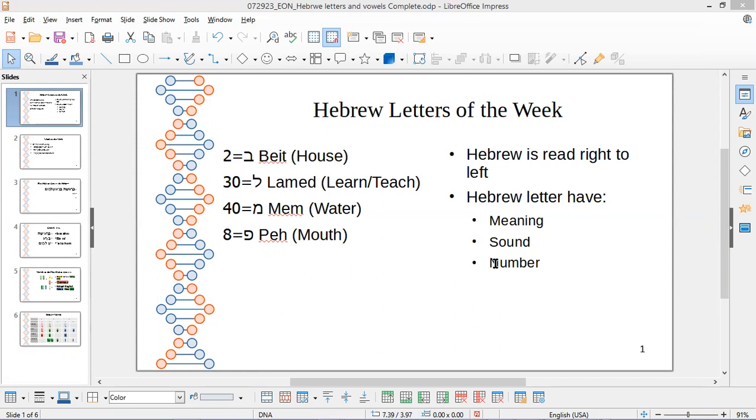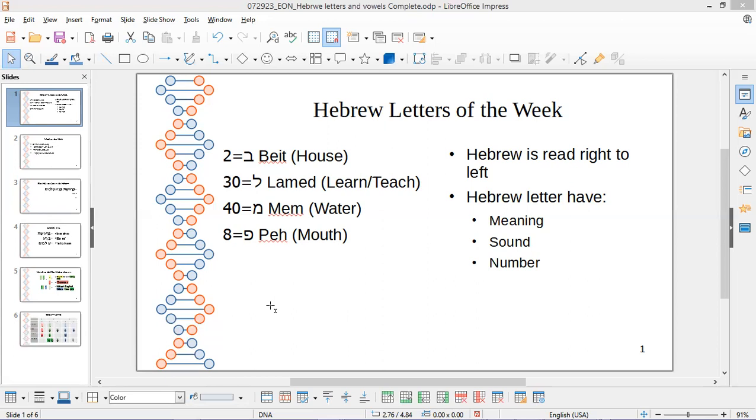And then also it has a numerical value. If you're looking at a strictly Hebrew Bible that only has Hebrew in it, even the verse numbers are going to be numbered with this. For example, verse 32 is going to have a Lamed and then a Beit right next to each other, and that would be the numerical value of 32.